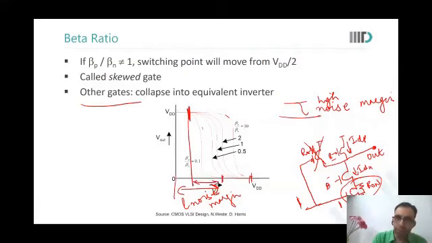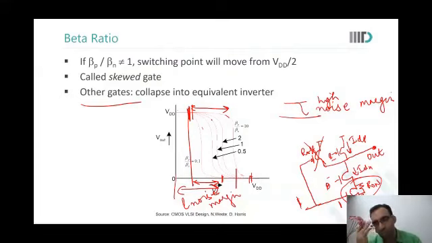But look at this curve, the original one. This region is probably smaller. So how would this region change? I do not know. There is no way to clearly tell based on some model or analysis.